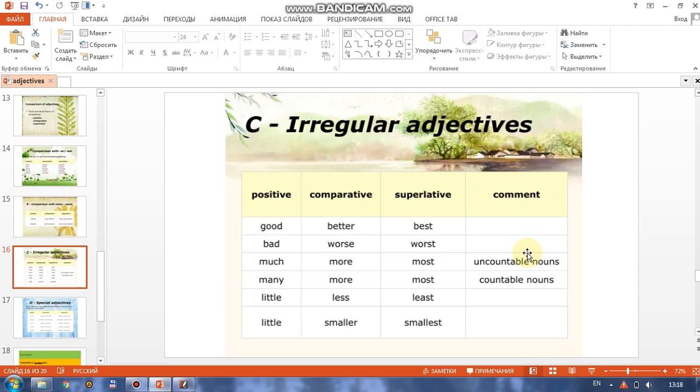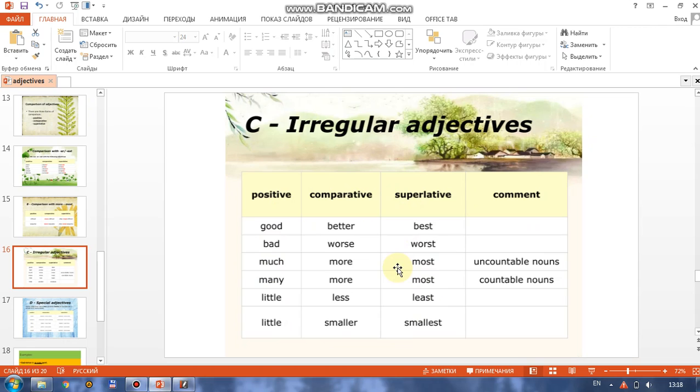Next, we've also got irregular adjectives. As you see here, there is a table: good, bad, much, many, little. And here, in comparative and superlative degree, we are not using the er or est suffixes or the words more or most, because these adjectives are irregular.